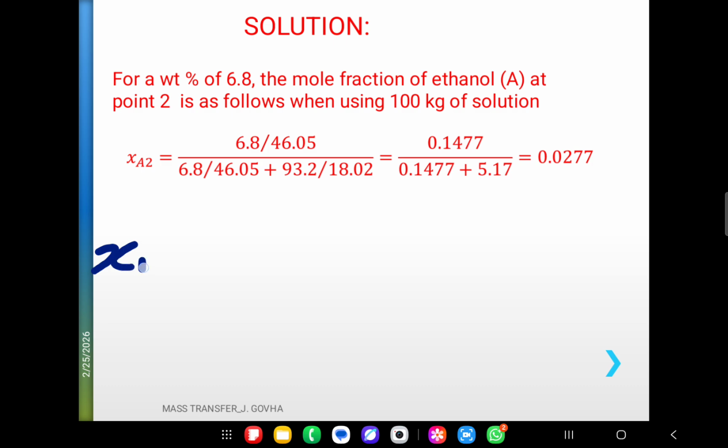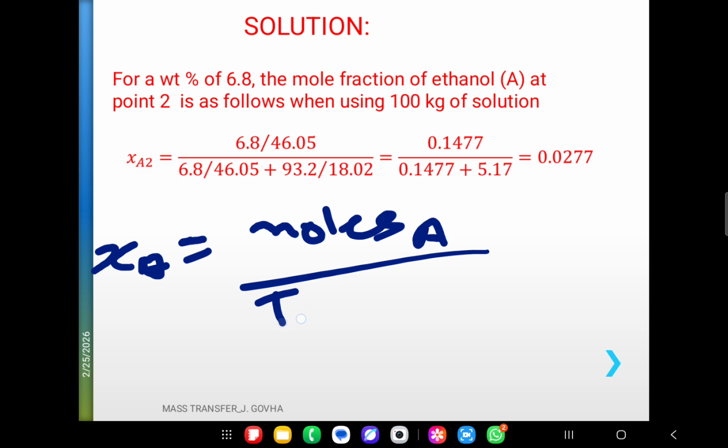Remember, mole fraction XA is equal to the number of moles of A divided by the total moles.